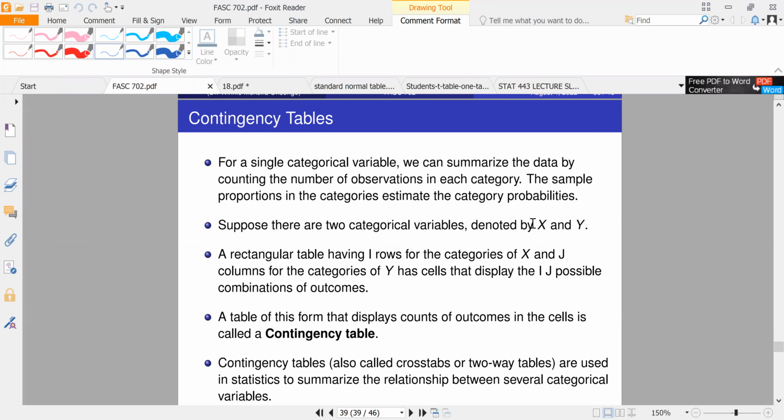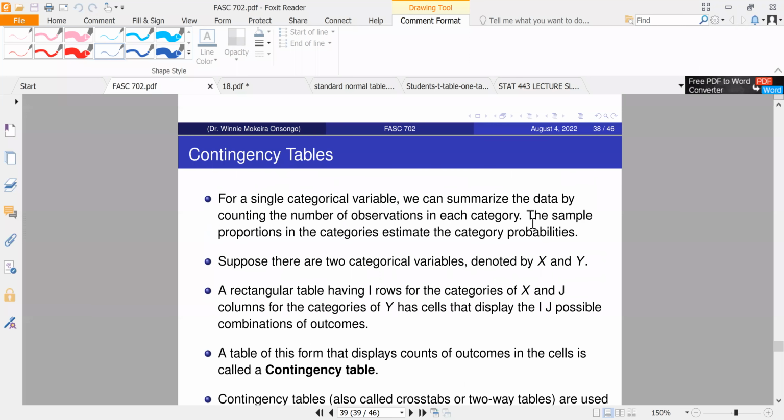Now, for example, maybe you are in that room that has maybe 20 people. You can have two variables of interest: gender, male or female, and their health status, healthy or sick. So you'll find that a male can be healthy or sick. A female can be healthy or sick. The only way you can analyze this data is to create a table.